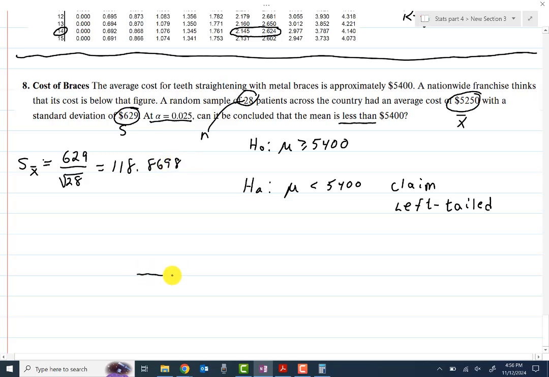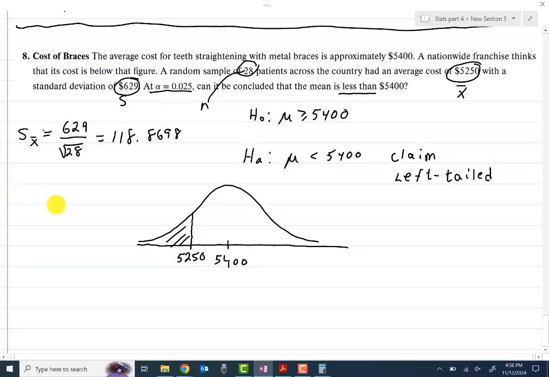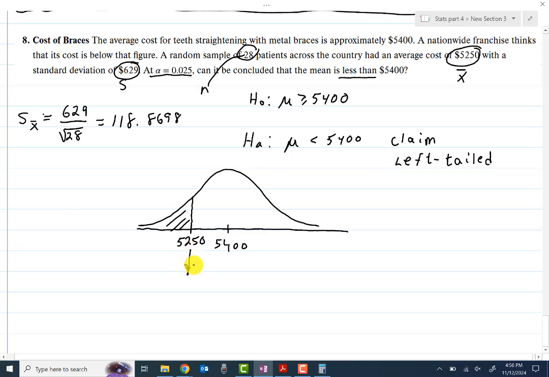All right, let me get my picture. The middle of this thing is at 5,400. We have 5,250 is to the left of that. Now let's get our t-value.